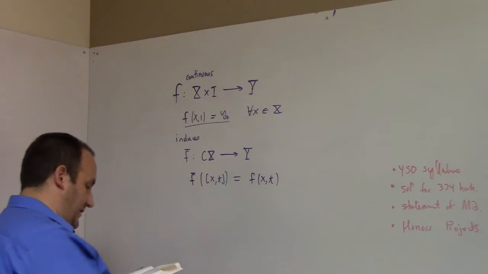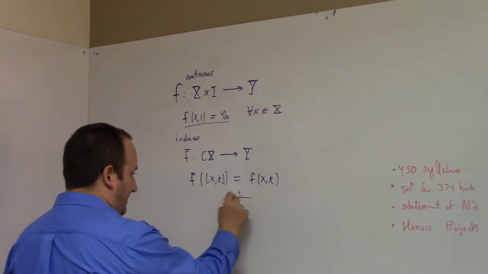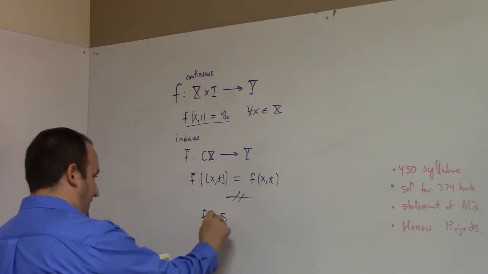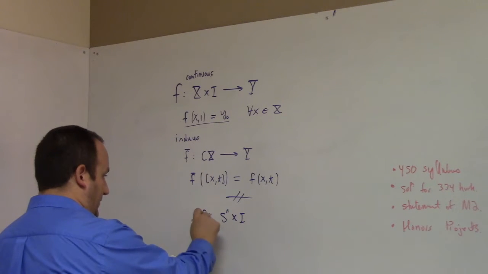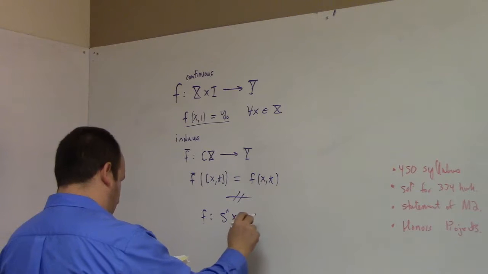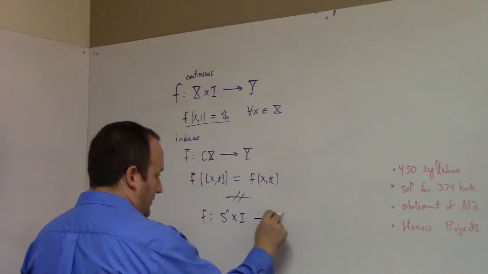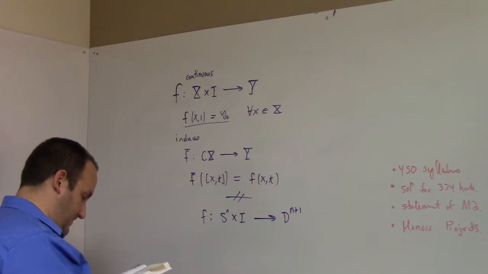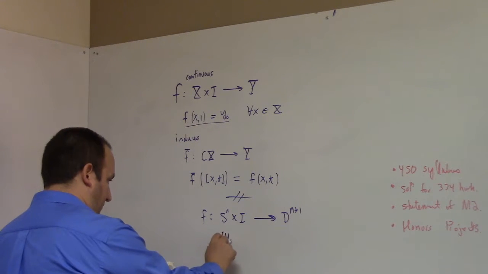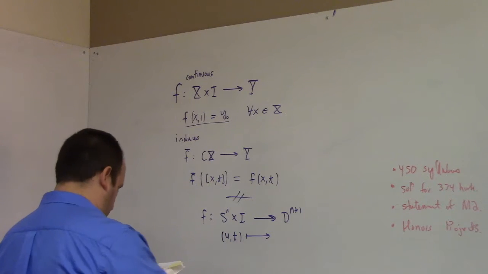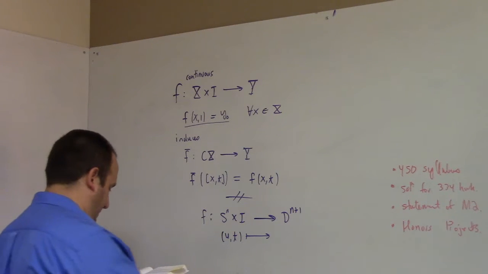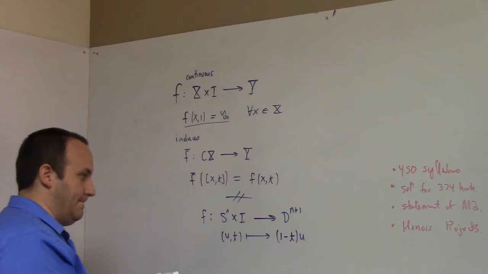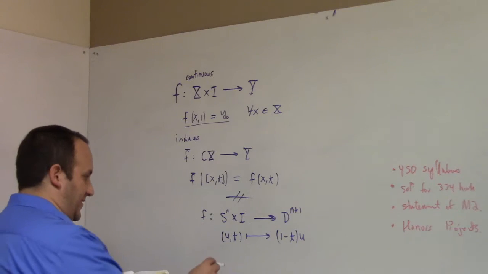So then what? He says, for example, you look at f from the n-sphere cross the interval to D^(n+1), defined how so? He says take the map (u, t) and map to (1 minus t) times u. Let me try to picture that.